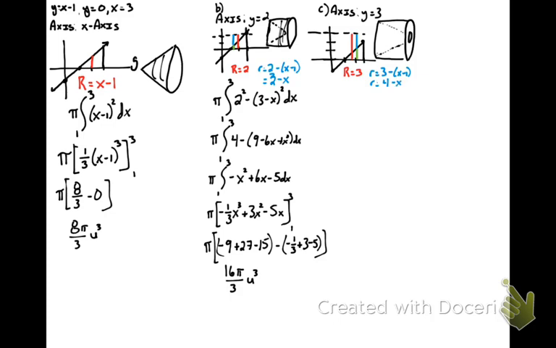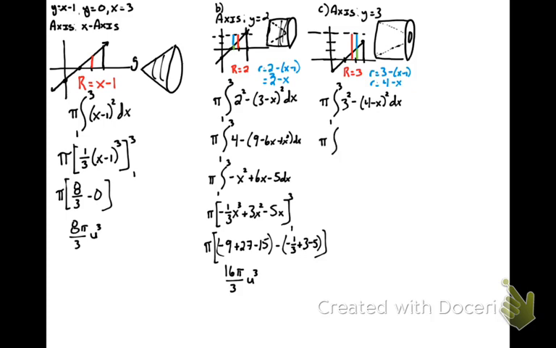So not much has changed about our integral, except for a couple of things regarding the integrand. It'll still be pi times the integral from 1 to 3 of big R, 3 squared, minus little r, (4 minus x) squared dx. Now we'll just start cleaning up before we integrate.